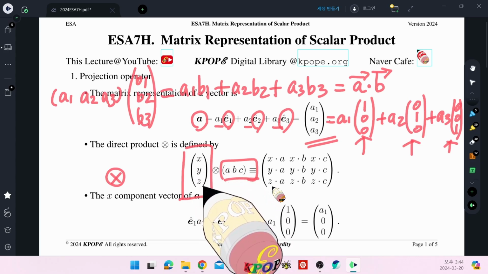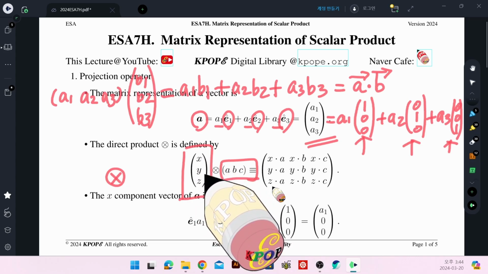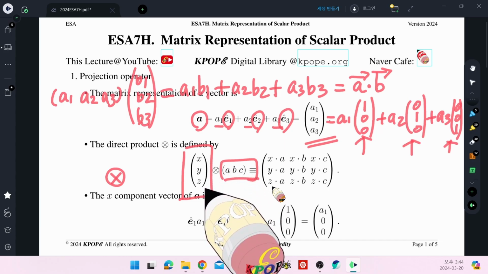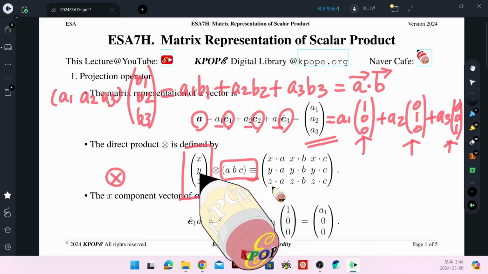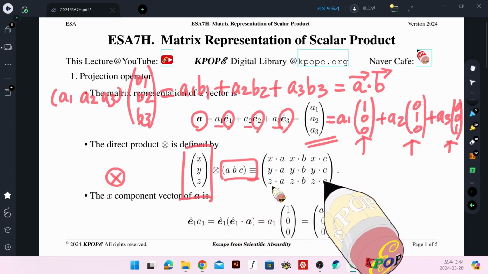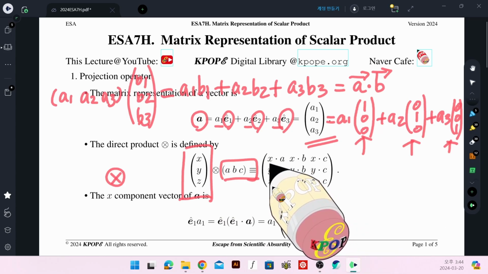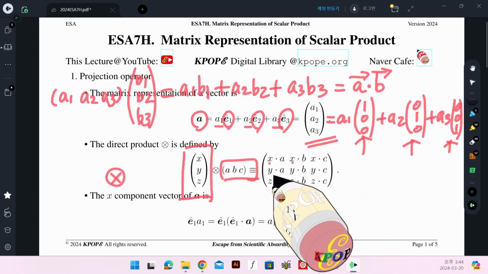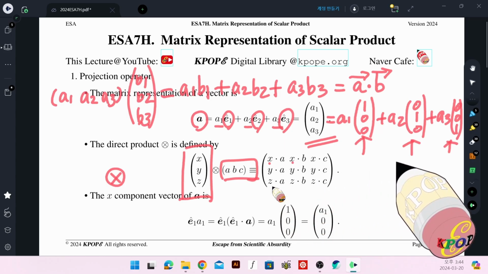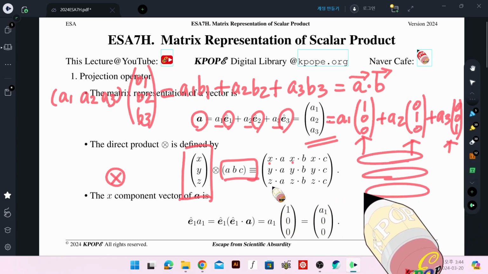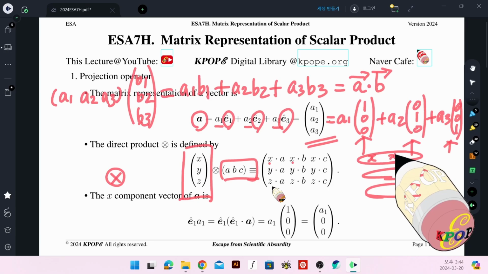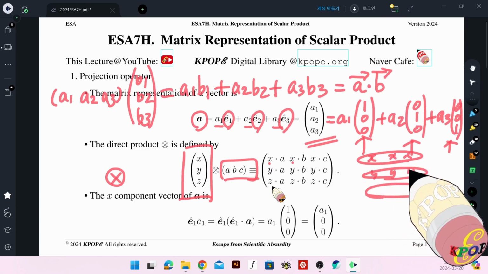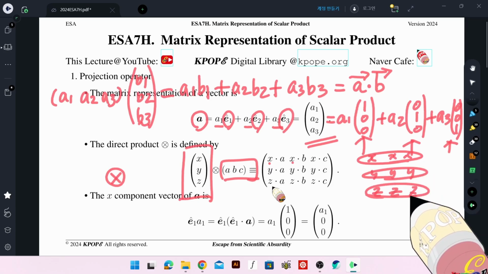Here, a column vector with the three elements x, y, and z has a factor in the 9 elements, x in the first row, y in the second row. So these three rows will be x, x, x, y, y, y, z, z, z factor.